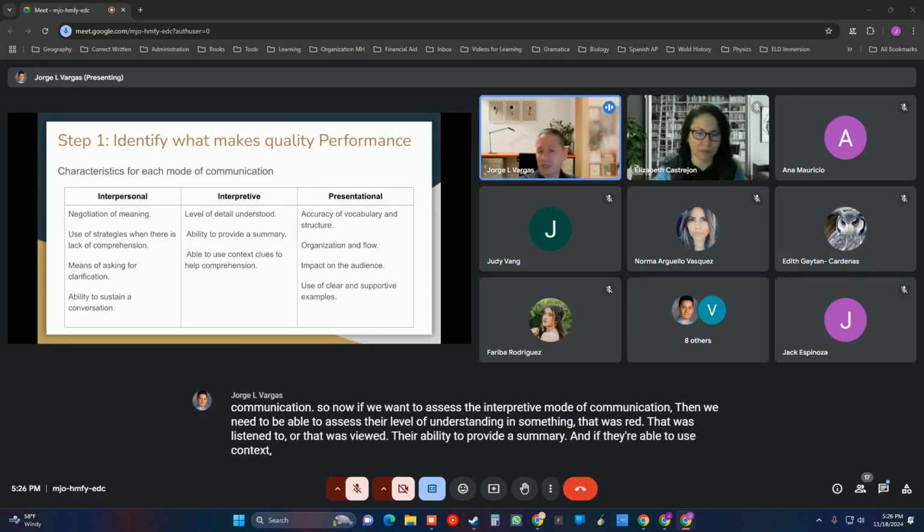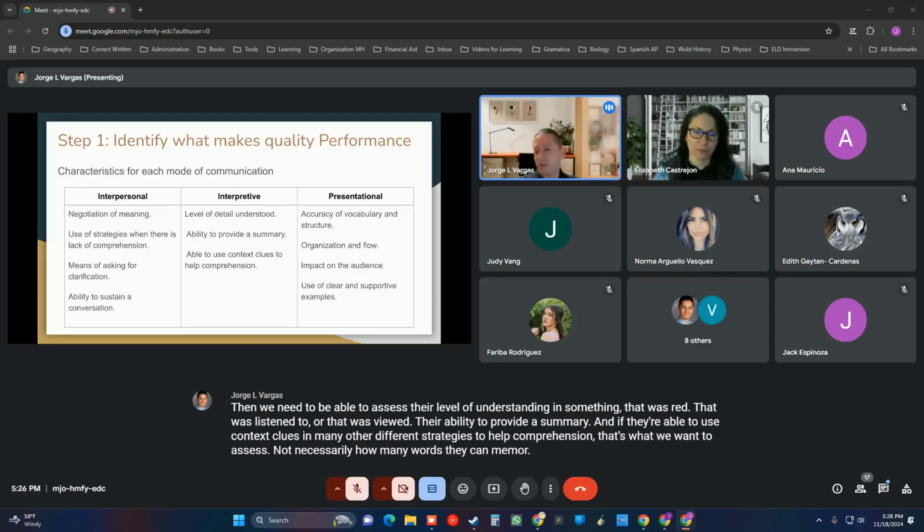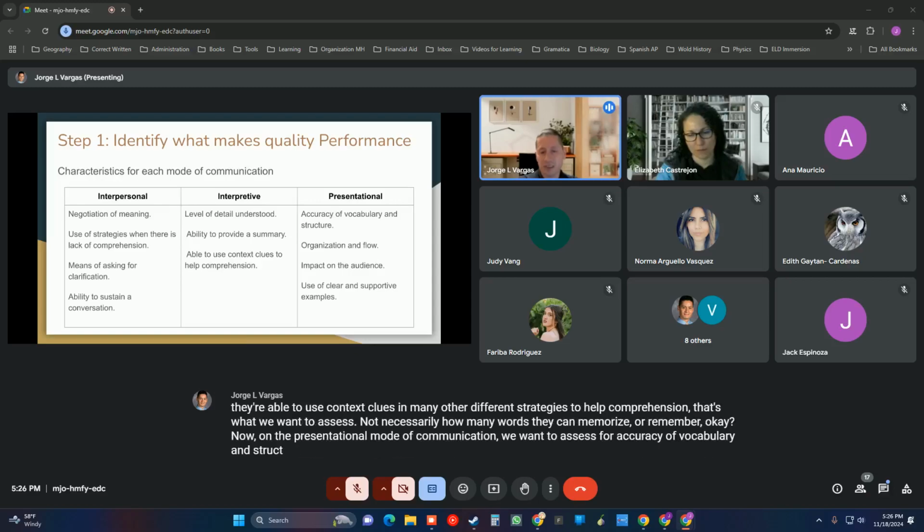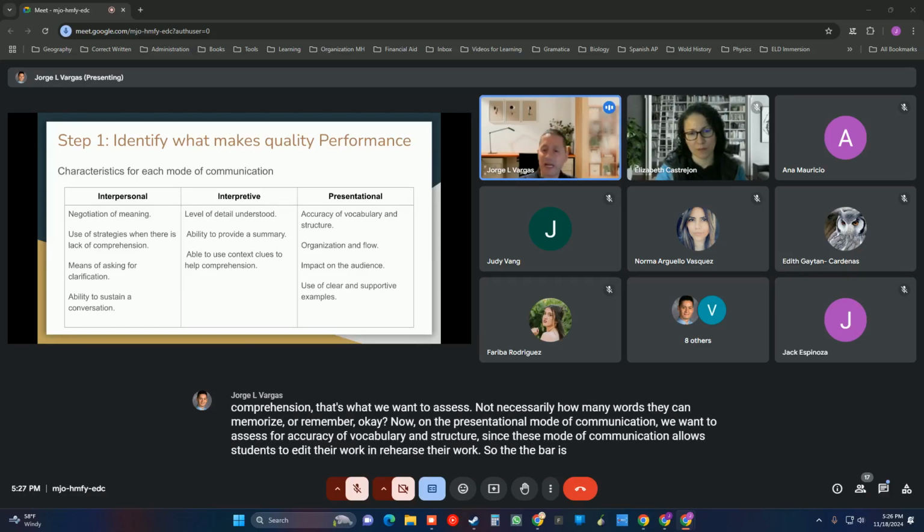Okay. Now, on the presentational mode of communication, we want to assess accuracy of vocabulary and structure. Since this mode allows students to edit and rehearse their work, the bar is a bit higher in terms of the errors they will make. Not that they're not going to make mistakes. Yes, expect mistakes in their presentations, but the errors should be fewer because they're able to rehearse or edit their work.